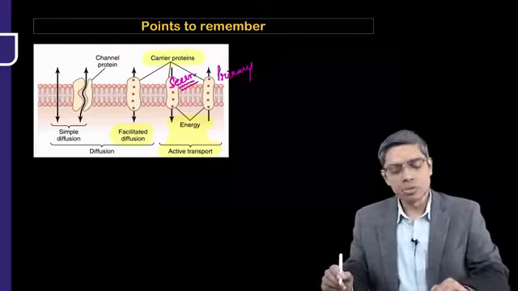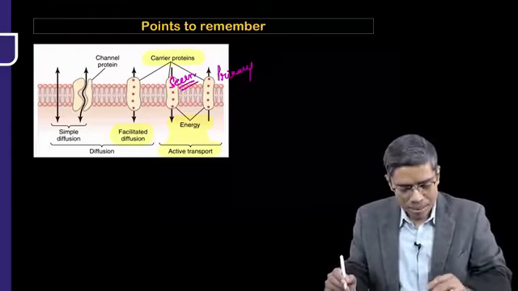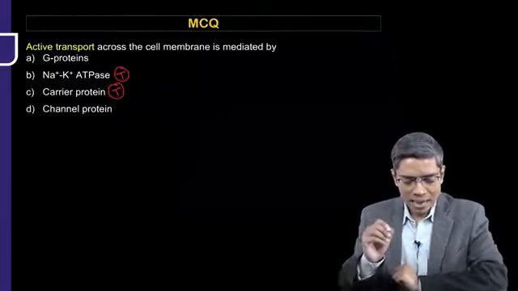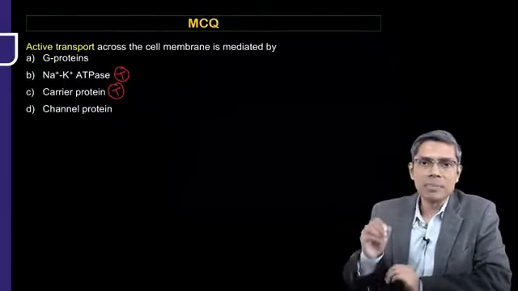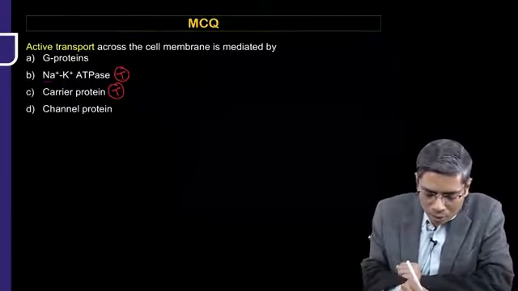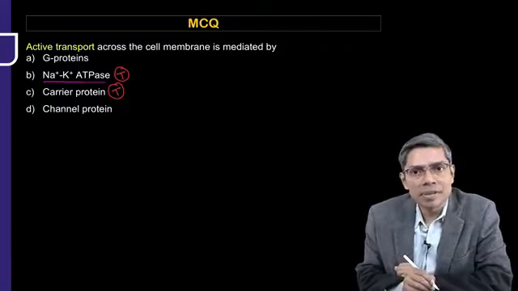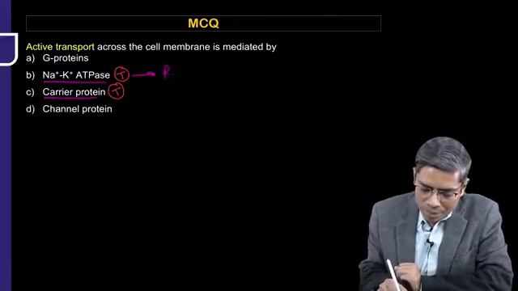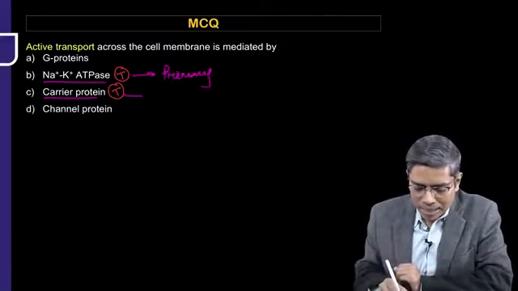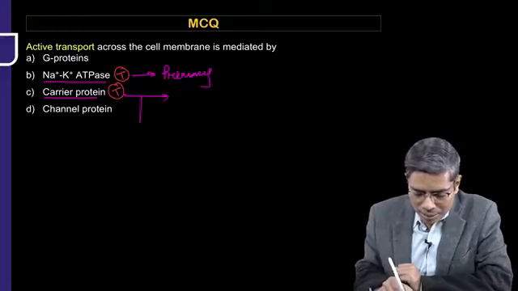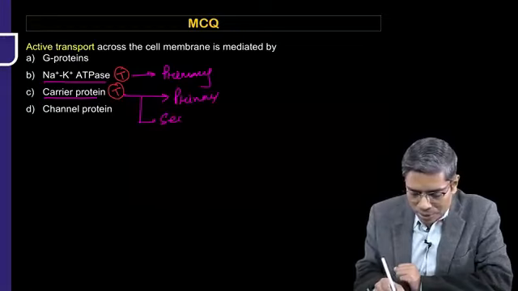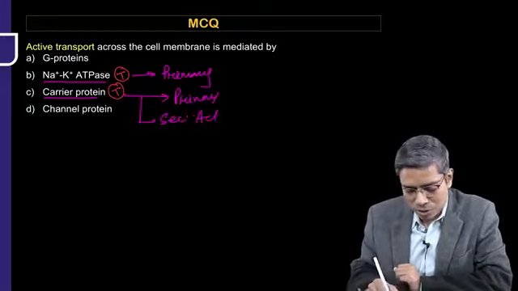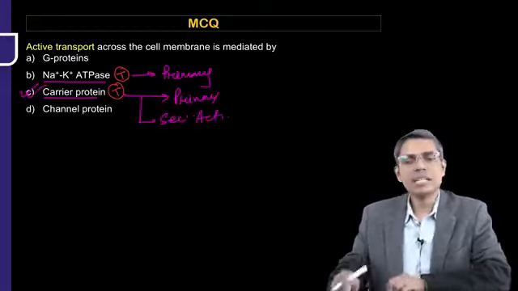So if a question asks about active transport across the cell membrane, will you mark the sodium potassium ATPase pump or carrier protein? The sodium potassium ATPase pump only indicates primary active transport, but carrier protein can be responsible for primary active transport and also for secondary active transport. So the better answer will be carrier protein.